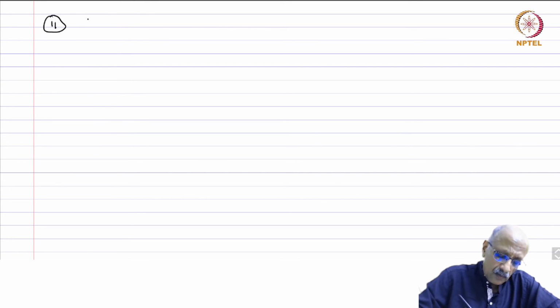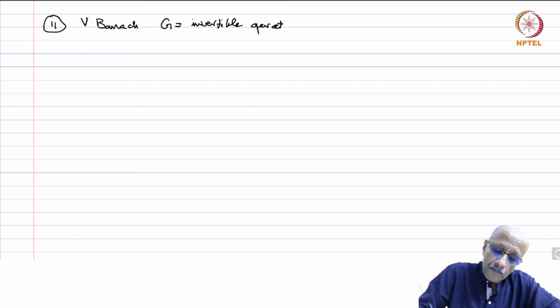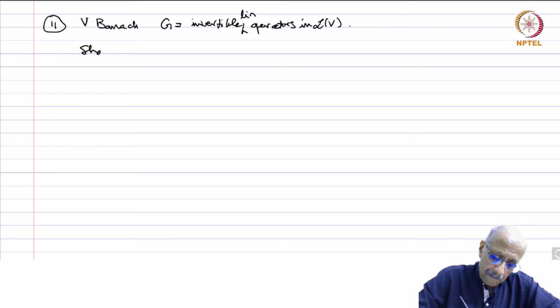Okay, so now V is Banach and G is the set of invertible operators, mappings, linear transformations, whatever, in L(V). Show that G is open.